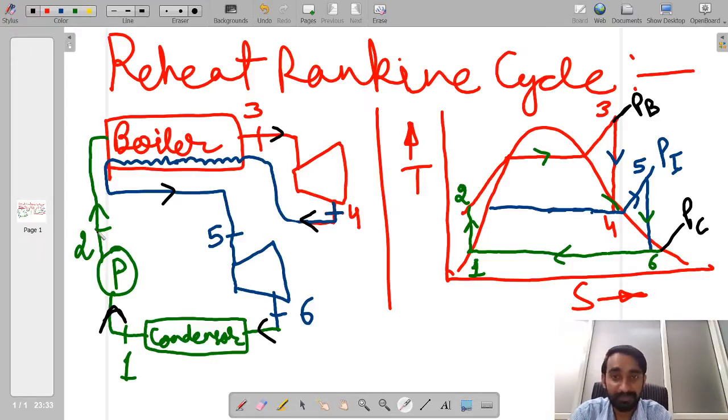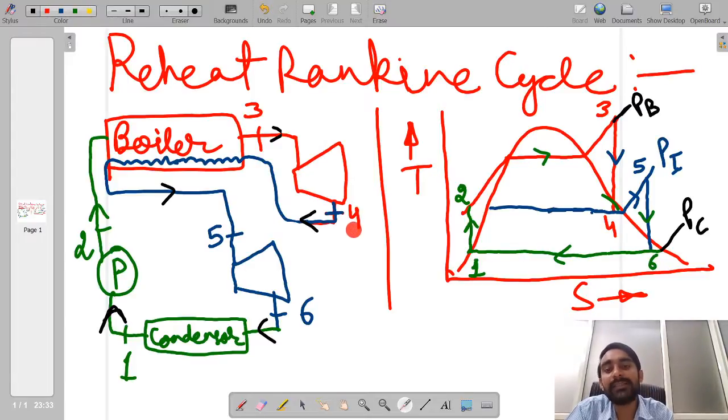But in the case of the reheat cycle, in the turbine where steam enters at the highest pressure of the cycle, we will not expand this steam all the way to our condenser pressure.